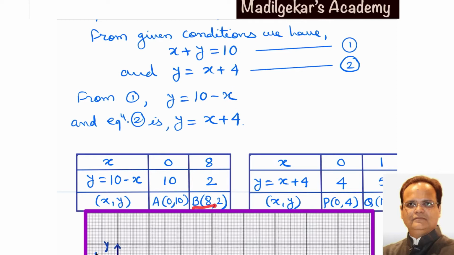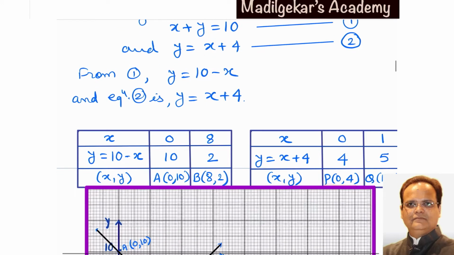So we get the second point as (8, 2). From the second equation, y equals x plus 4. If we put x equals 0, we get the corresponding y value as 4. So the first point is (0, 4). And if we substitute x equals 1, so 1 plus 4 gives 5. So the second point is Q (1, 5).